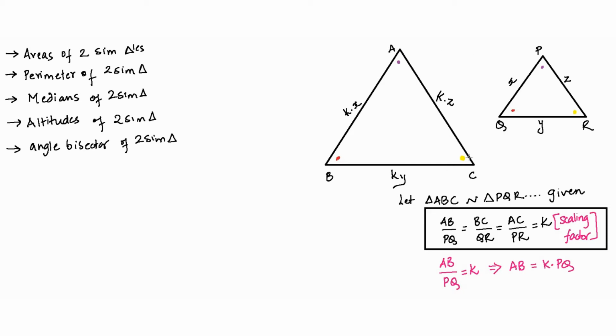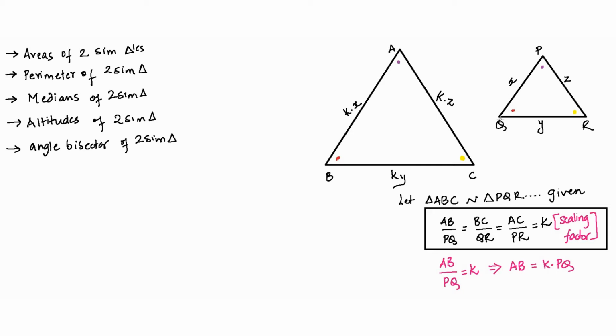And similarly, AC is PR multiplied by K. So PR is Z and therefore AC becomes K times Z, right? So these are the three sides that I have in triangle ABC: KX, KY and KZ. Now I'm interested in finding the ratio of the altitudes.